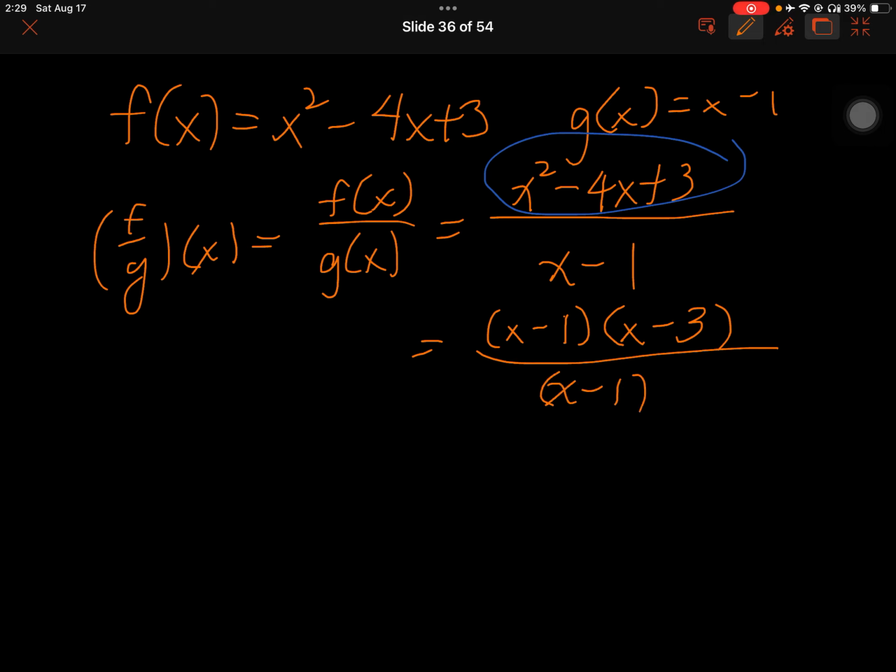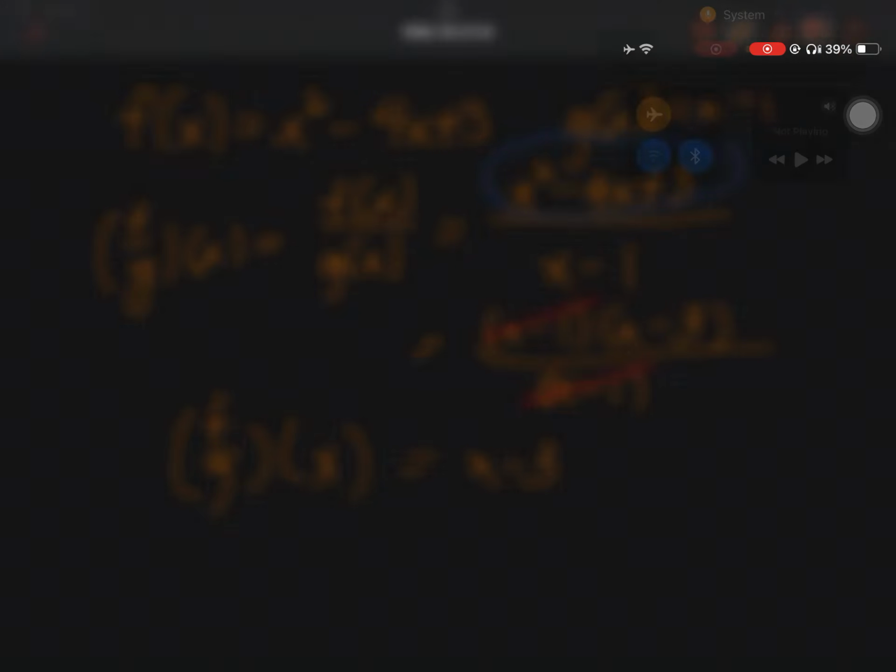Okay, so as we can see here, x minus 1 exists both in the numerator and the denominator, so we can cancel it. Okay, so what's left here is x minus 3, right? So the answer for f over g of x is x minus 3. So I guess that's it for the operations on functions. Thank you.